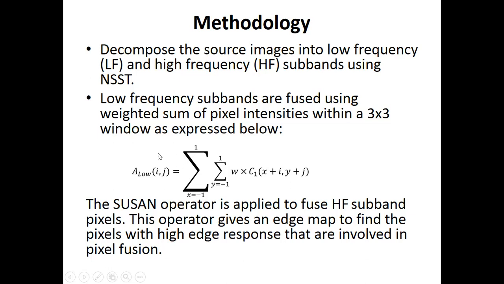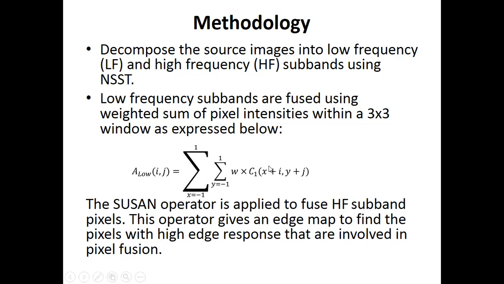So this activity measure is computed for image A and image B. Let image A represent the infrared image and image B represent the visible light image. Then this activity measure is computed for both the images, and the particular pixel which has high activity will be used to produce the resultant fusion image.